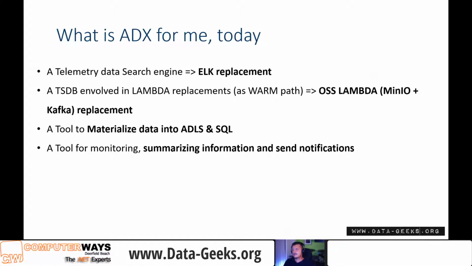And so in the past, I used open source software such as Kafka, RabbitMQ, and so on, or MinIO as a sort of S3-compatible storage. Now I have only ADX as a Swiss knife, and I do my work only with that.